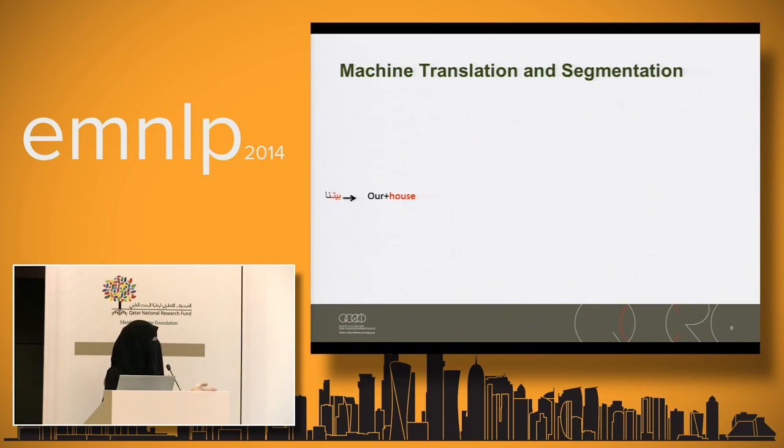So we have Beitna, which goes to our house, then Beithom, which goes to their house, and Beita, his house. Here you could notice that Beit should be aligned to house, but because we have this one-to-many alignment, the system fails to find the translation for the root word, which is Beit. So it is considered an out-of-vocabulary word.